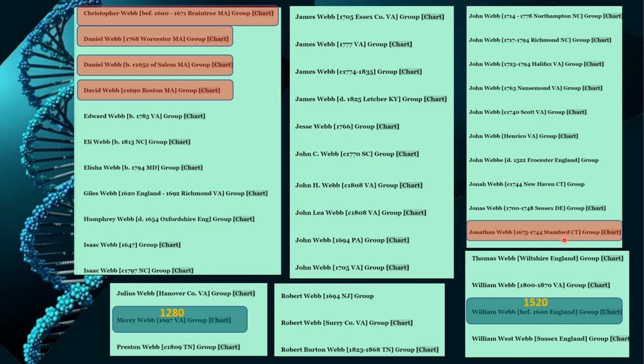How can I say it's not correct when I don't have a piece of paper that proves it's not correct? Well, I do have a piece of paper. It's called the DNA. And we'll get into that later. So I've highlighted in red the different groups that from time to time different researchers will hook up to and say, oh, they were in the same town, so it must have been this way, things like that.